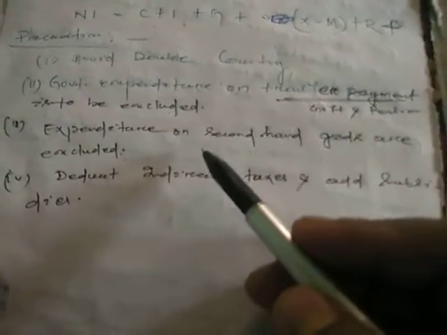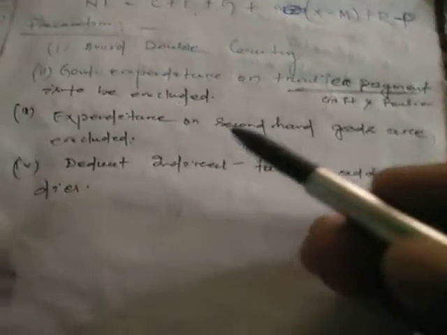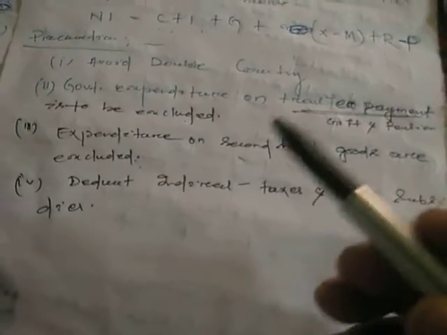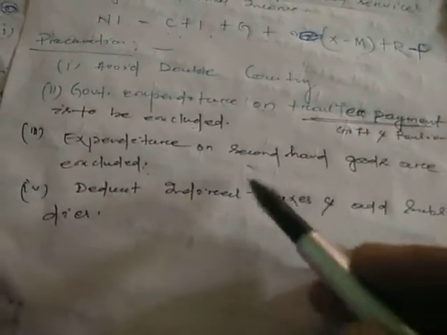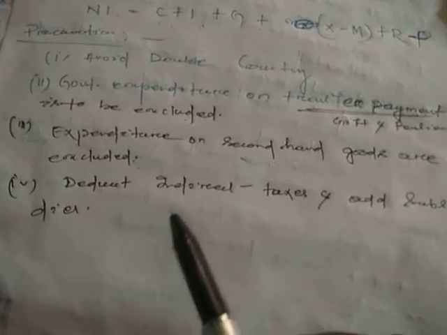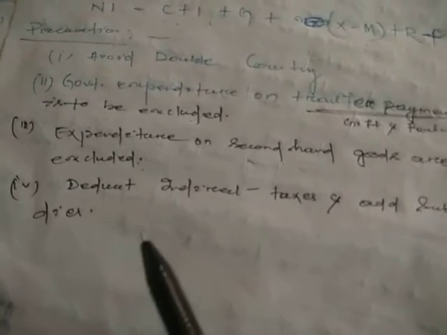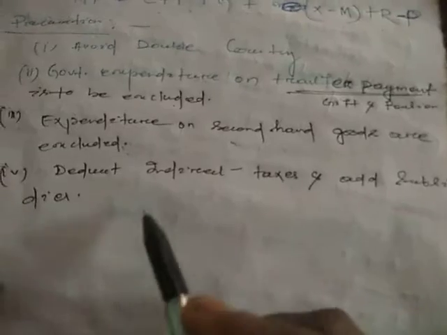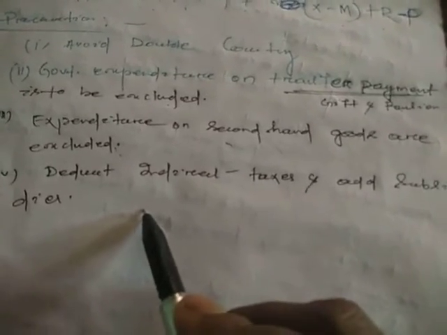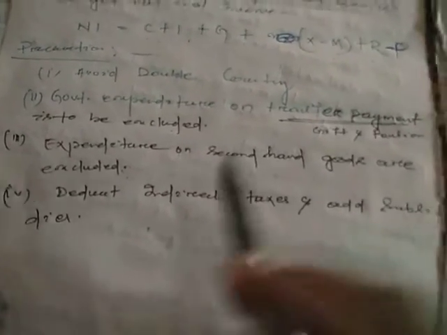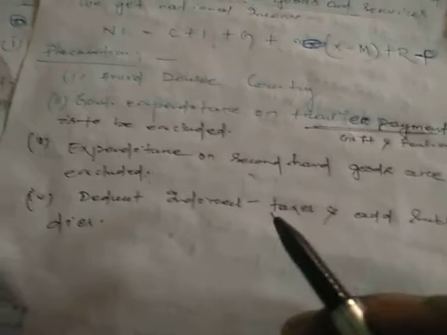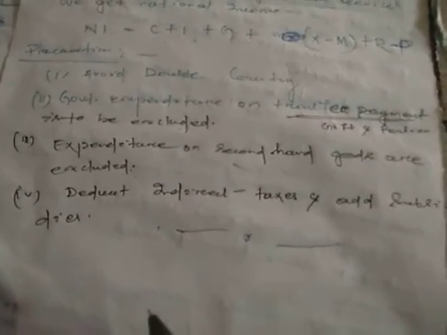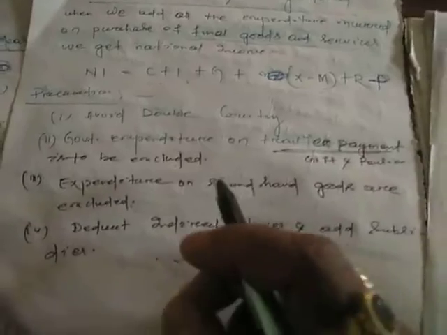Suppose you purchase a bike, and to make it effective there is some repairing expenditure. That expenditure will not be considered here, right? That is second-hand goods expenditure. Then deduct indirect taxes and add subsidies. If the government provides some subsidies, you have to add them, and you have to subtract indirect taxes also. This is all about national income and its methods.